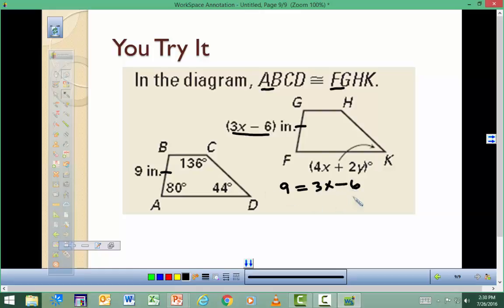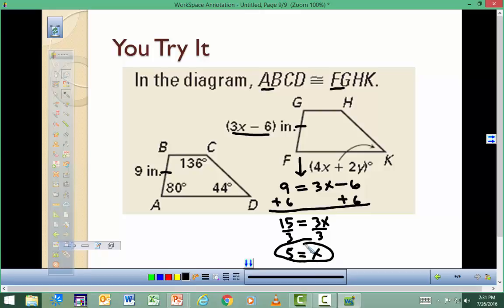We're going to move the 6 across by adding 6, using the addition property of equality that we learned a long time ago. So we get 15 is equal to 3x. And we can divide by 3 on both sides of an equal sign. So we get x is equal to 5.